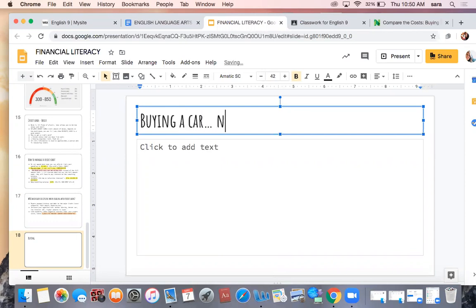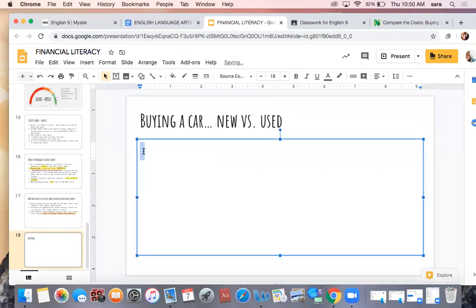And of course, there's new versus used. Okay, so how do you buy a car? Well, it depends on who you are and how much you earn. First of all, there are many options in buying a car. So many options.